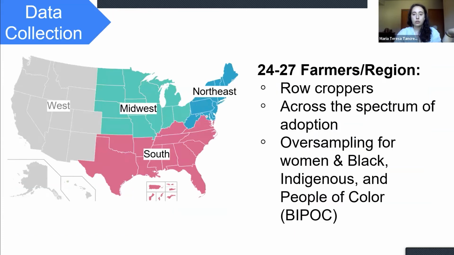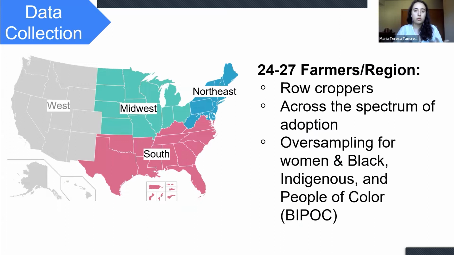So the data collection with the farmers is happening in the three regions where PSA is present, so Northeast, South, and Midwest. We're not currently planning on working with any farmers in the West. Our goal is to interview between 24 and 27 farmers in each region from 3 states in each region. And we're targeting row croppers across the spectrum of adoption of cover crops.